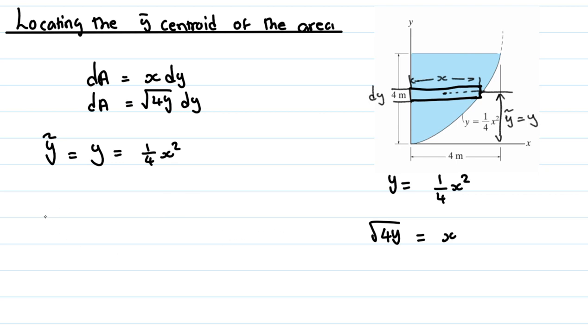Now let's find the centroid of the shaded area in the y. The centroid is equal to the integral from 0 to 4 of y centroid multiplied by dA, over the integral from 0 to 4 of dA.